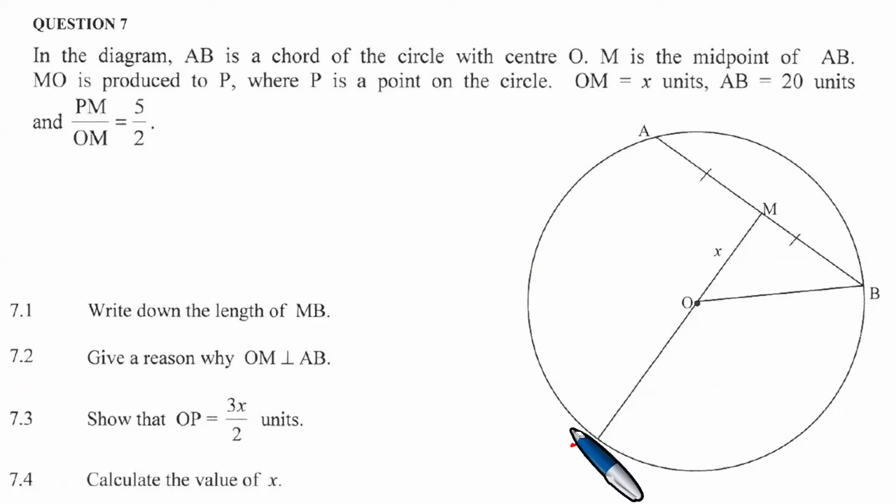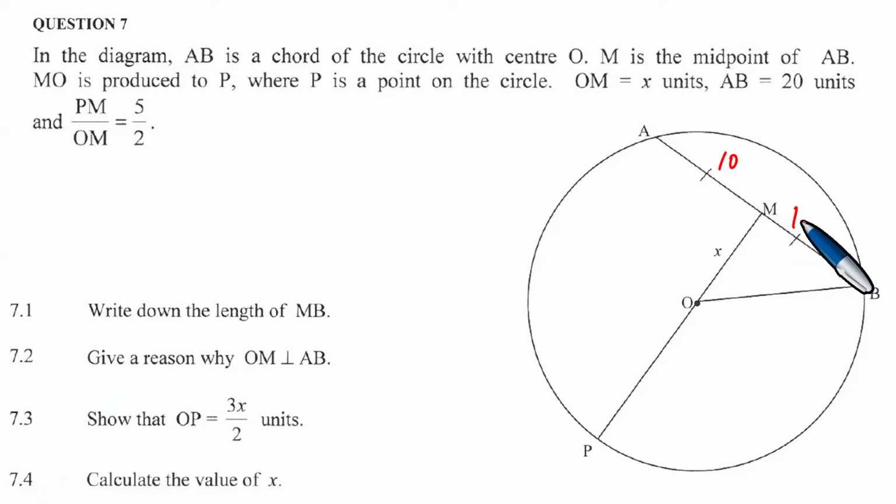Right, so now what then do we do? So we need to therefore continue to write down the length of MB. And to write down the length of MB is something very, very easy, because AB is 20 units.